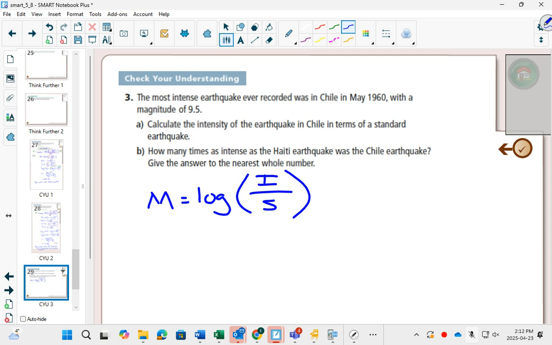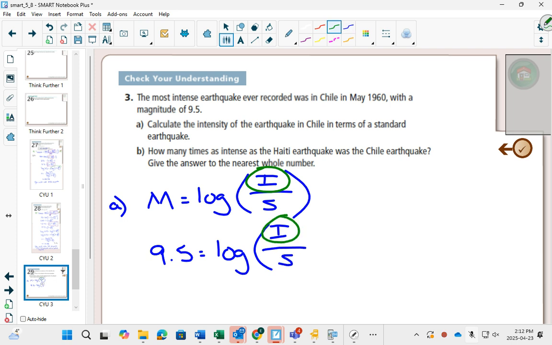Part A says calculate the intensity, so we want to calculate the intensity compared to a standard of a 9.5. So in A, you would plug in 9.5 for the magnitude. And whenever you're solving for something inside a logarithm, that's what we did in our notes before, where you have to get a single logarithm, which this is already a single logarithm.